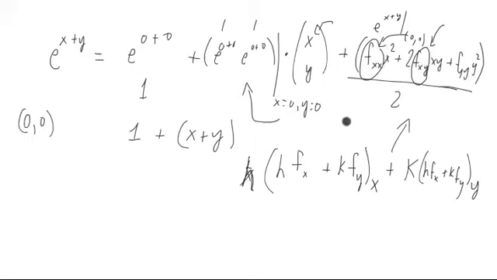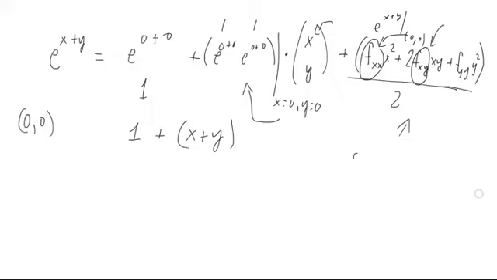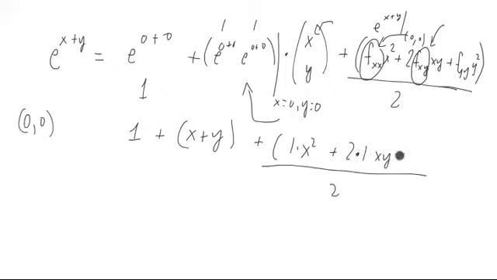So in this particular case, for that particular term, let me just write it out right here. You end up getting plus 1 times x squared, all over 2, plus 2 times 1 times xy, plus 1 times y squared.